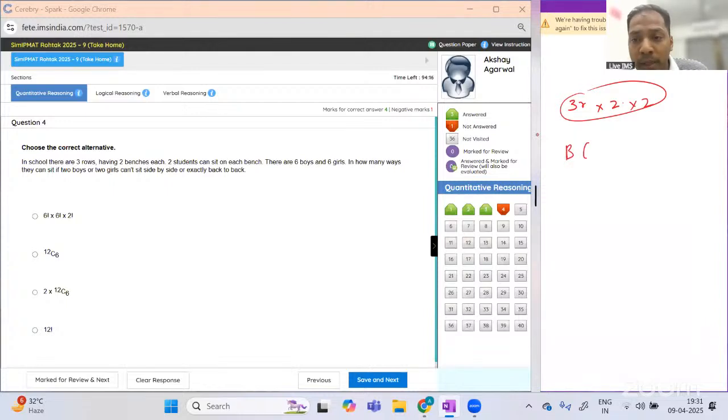So it has to be B, G, B, G. Two rows, B, G and G, B, or the other way around.